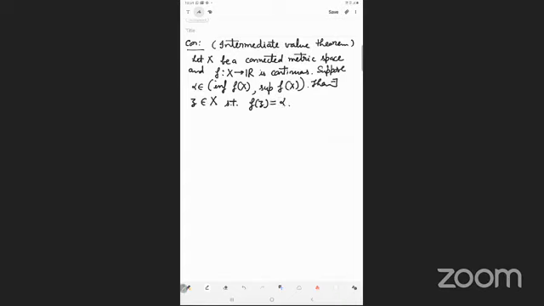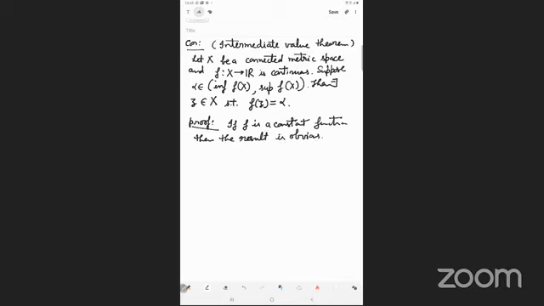So the proof is quite obvious. The first thing is, if f is a constant function, then the result is obvious.